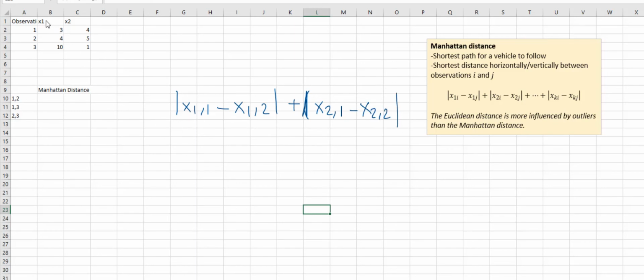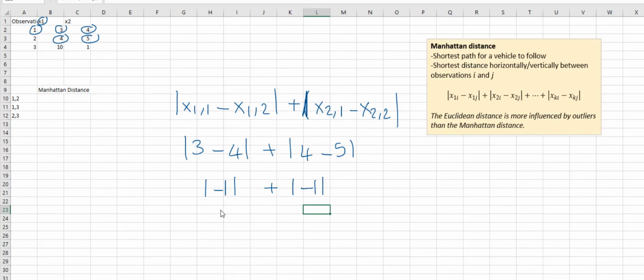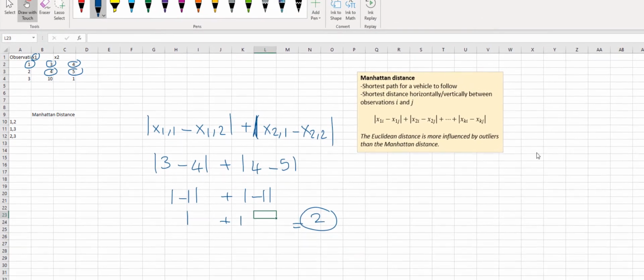So x1 of the first observation is 3, minus x1 of the second observation, which is 4, in absolute value, plus x2 of the first observation, 4, minus x2 of the second observation, 5, again in absolute value. This is minus 1, this is minus 1. You know that absolute value changes a negative value to positive, so this is 1, this is 1, so Manhattan distance is 2.